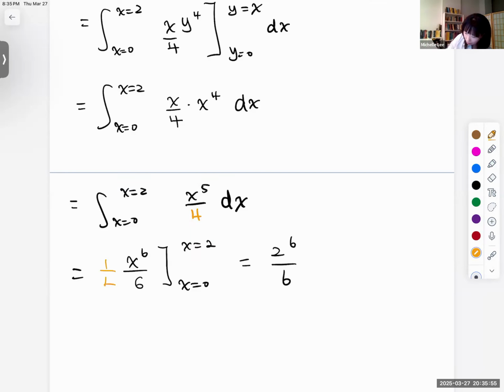So we have 1 over 4, right? Then we calculate 2, 2, so 4 there, and 1 more there, so 3 there. Okay, so we will get 8 over 3.